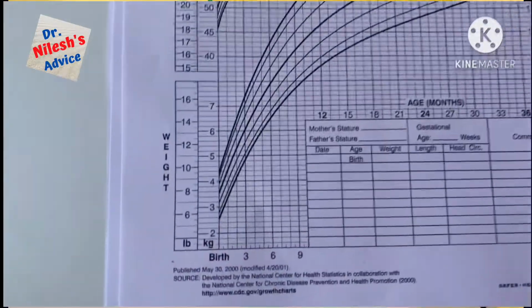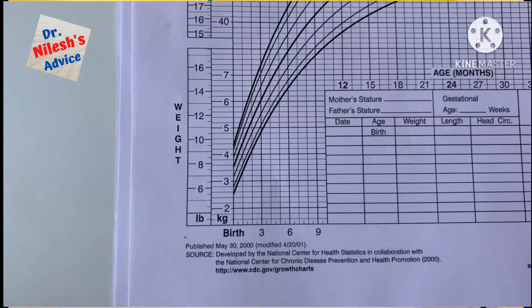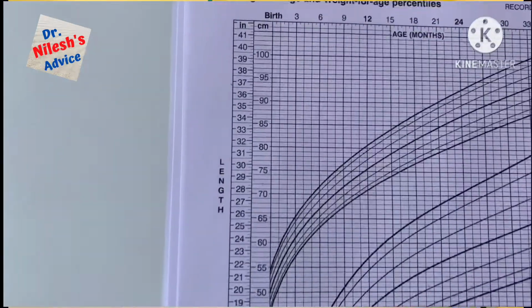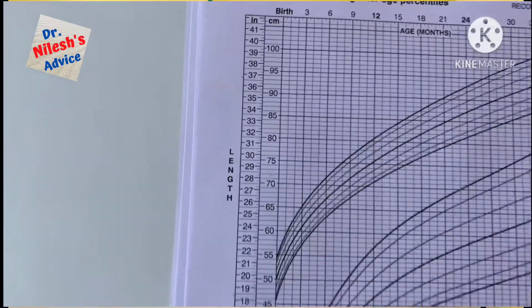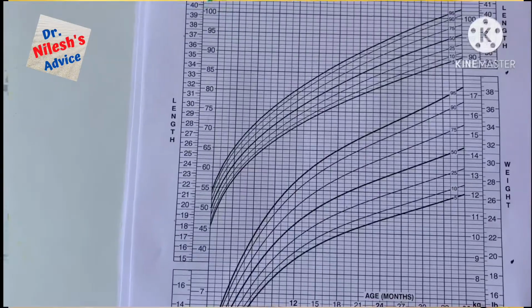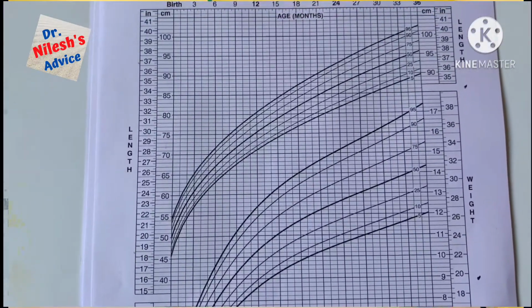Weight is given in both pounds as well as kilograms, and length is also given in both inches and centimeters. These curves which you are seeing are the range of the weight as well as the height.